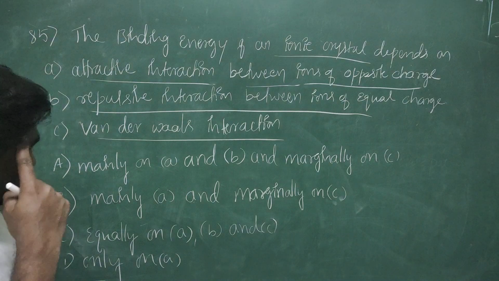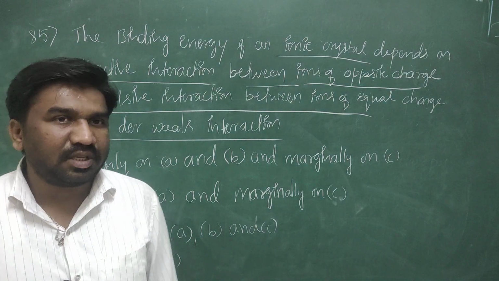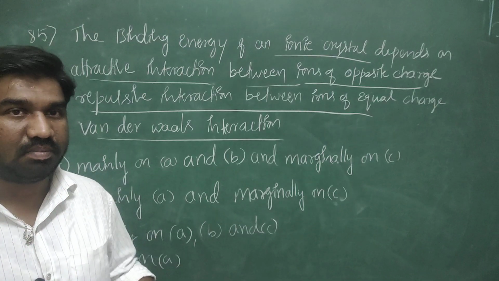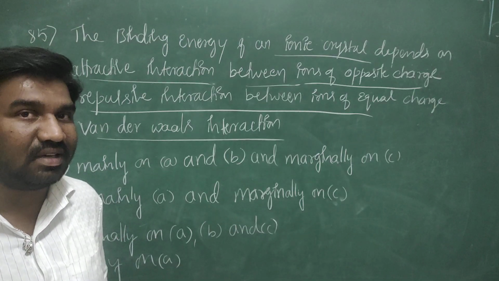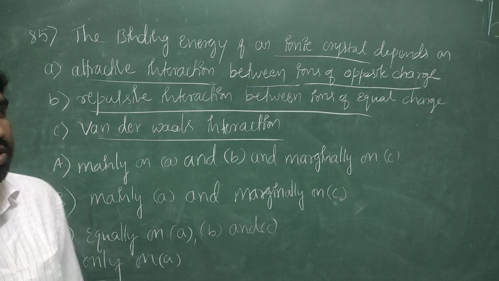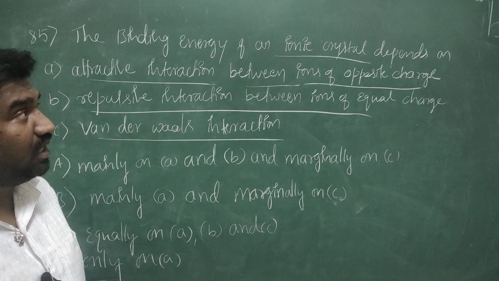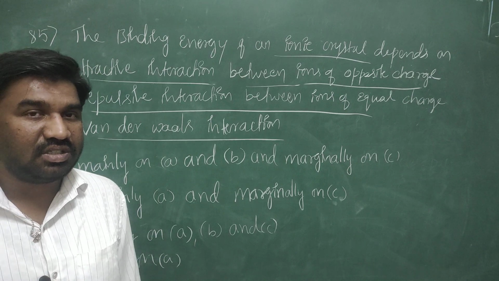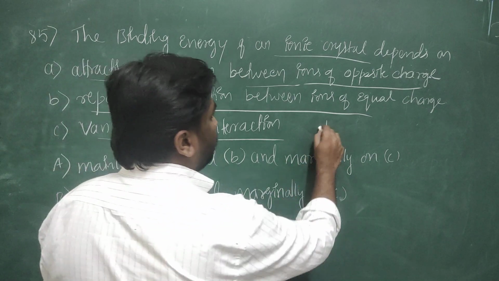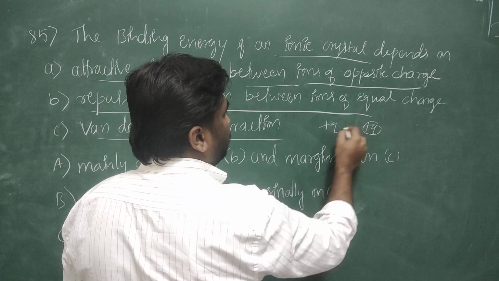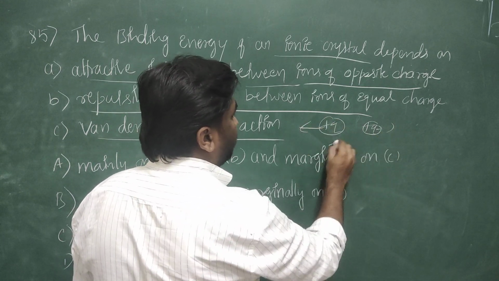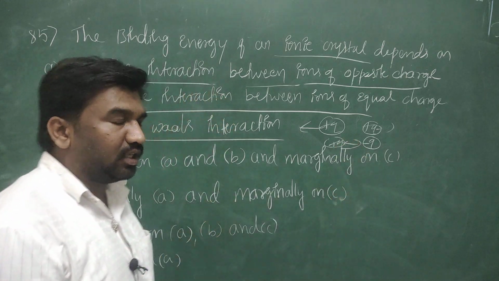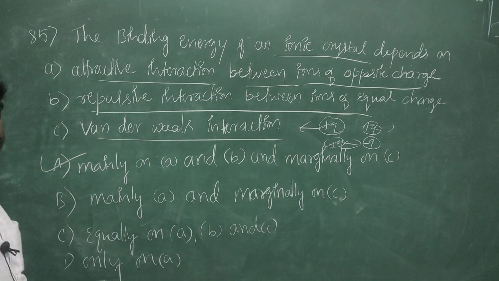Van der Waals interaction is an interaction between the outermost electrons of two atoms, so it depends only marginally for these ionic crystals. We know that plus charge and plus charge repel each other, and plus q charge and minus q charge attract each other very strongly. So option A is correct.